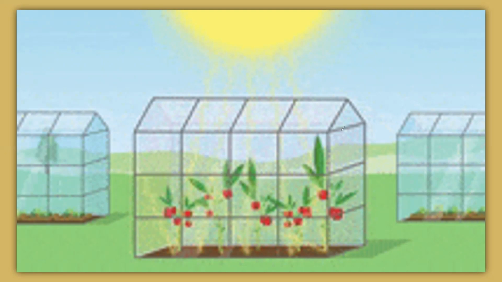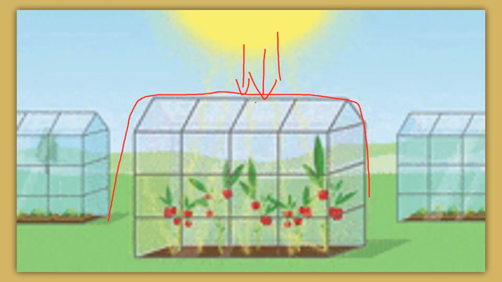So how does the greenhouse work? At first, we have the rays from the sun. The glass of the greenhouse absorbs these rays and prevents them from getting out, meaning it traps these rays. So the glass allows the rays to come in but prevents them from getting out.